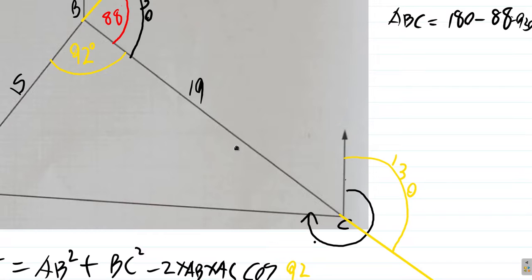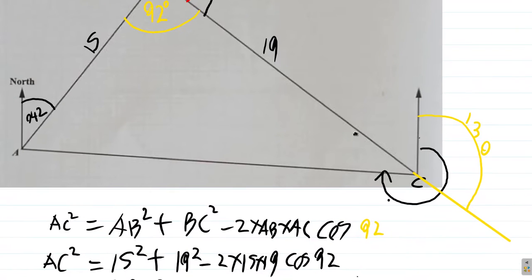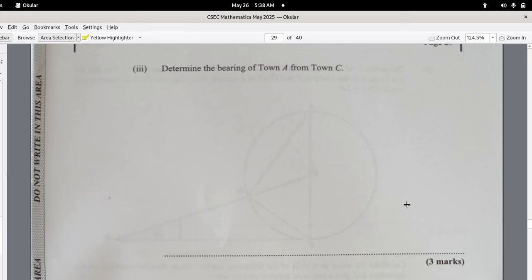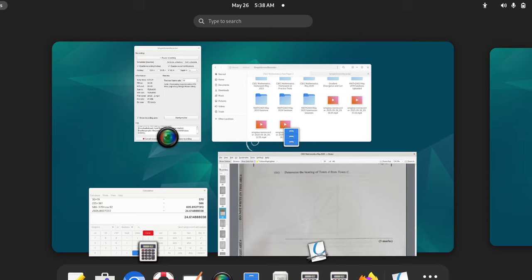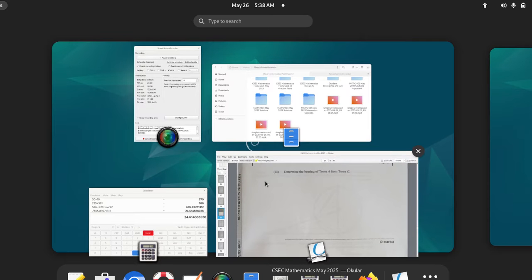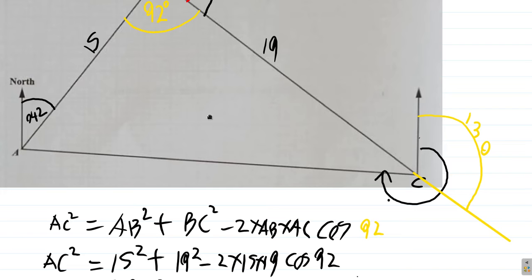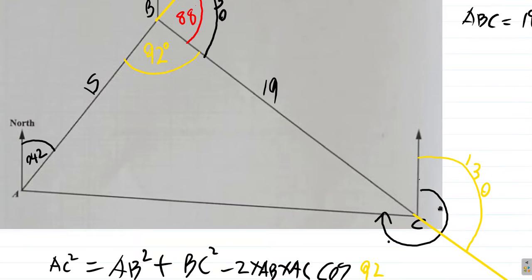That's what you would have. Now, that's 130 so far. Now, what else have we got here? The bearing. They ask for the bearing here of town A from town C. So we need this angle.